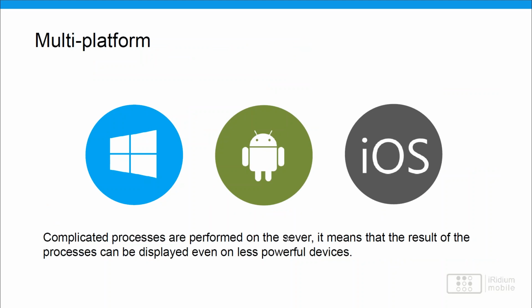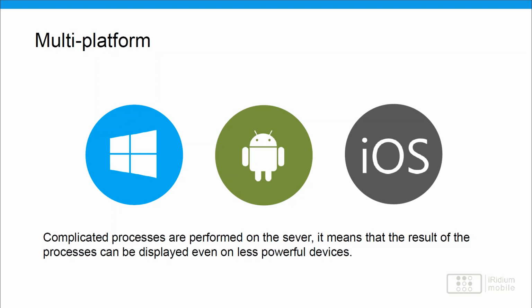The possibility of storing the data and making long-time processes on the iRidium server makes you able to show the result of working with your automation system on any device. It could be not a really powerful device to display the data. It is not needed to show the result of working.